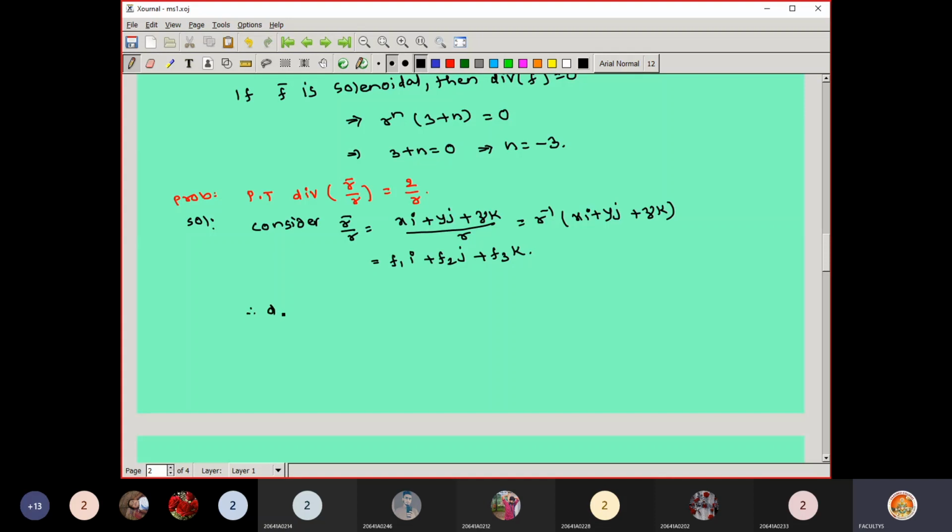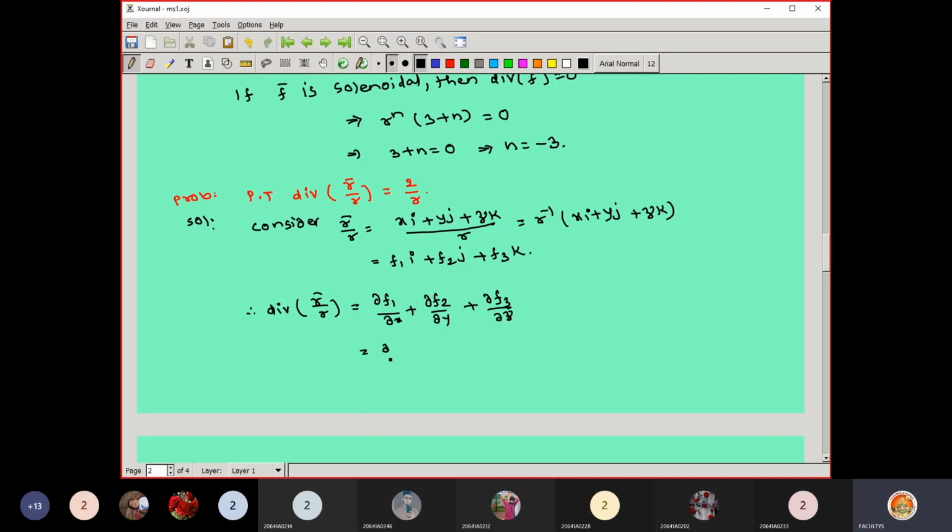So therefore, the divergence of r bar by r is directly dou F1 by dou x plus dou F2 by dou y plus dou F3 by dou z.